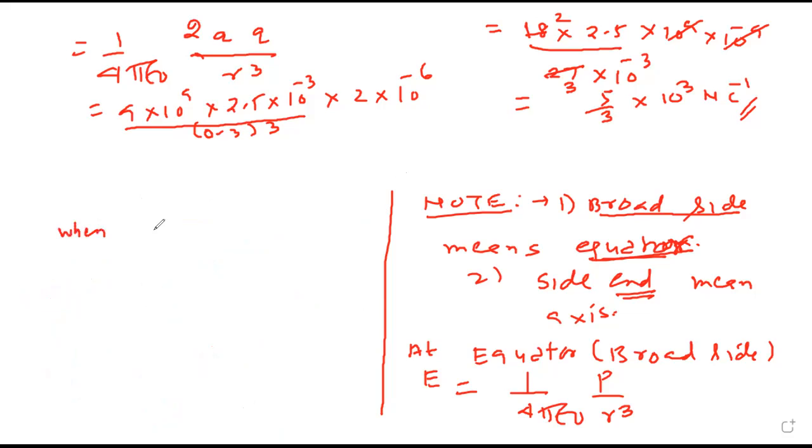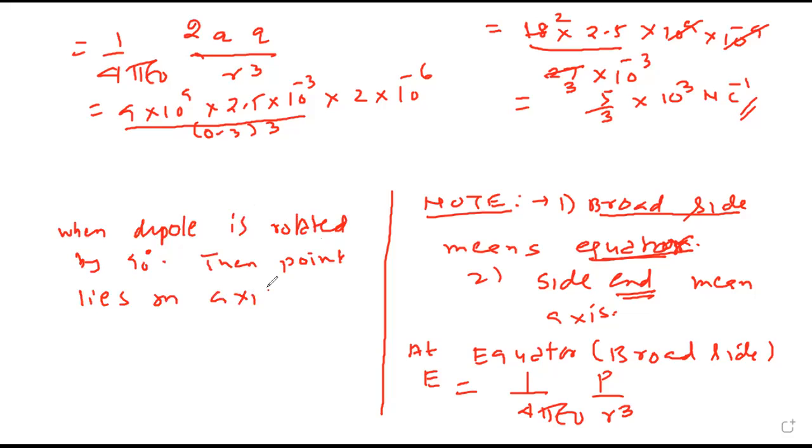Next will come when the dipole is rotated by 90 degrees, then the point lies on the axis position. Therefore, E along the axis will be double of E along the equator.